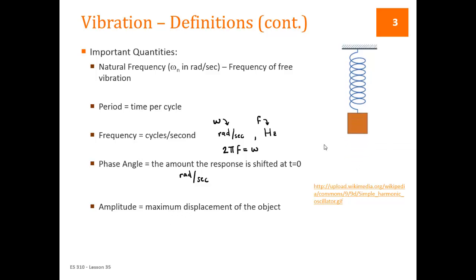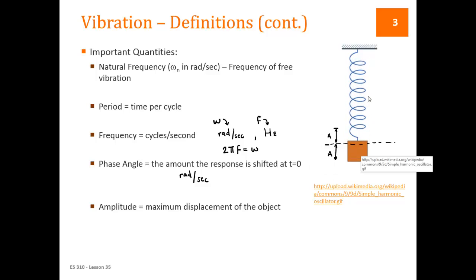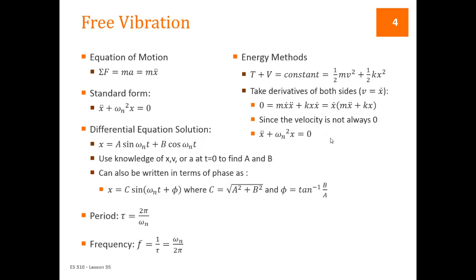So if we're looking at this object and we pick the middle point of its stroke, then it goes up a certain amount and it goes down a certain amount, and that amount is the amplitude, which is measured in the units of this displacement, so feet or inches or meters or whatever this displacement is measured in.